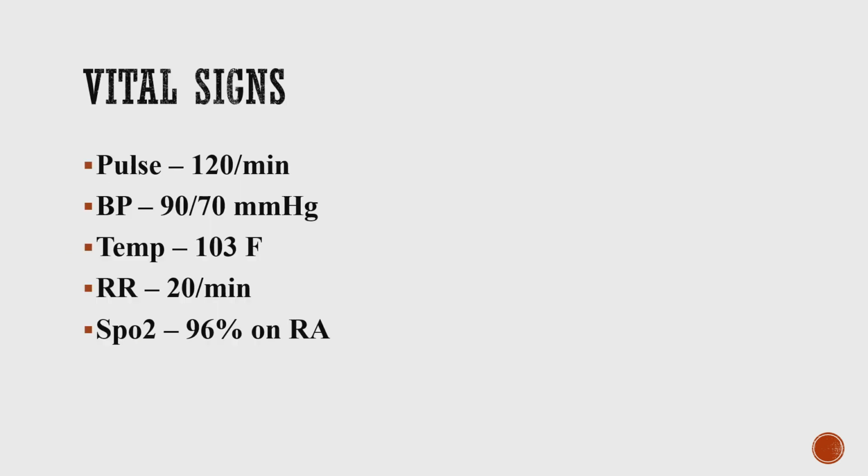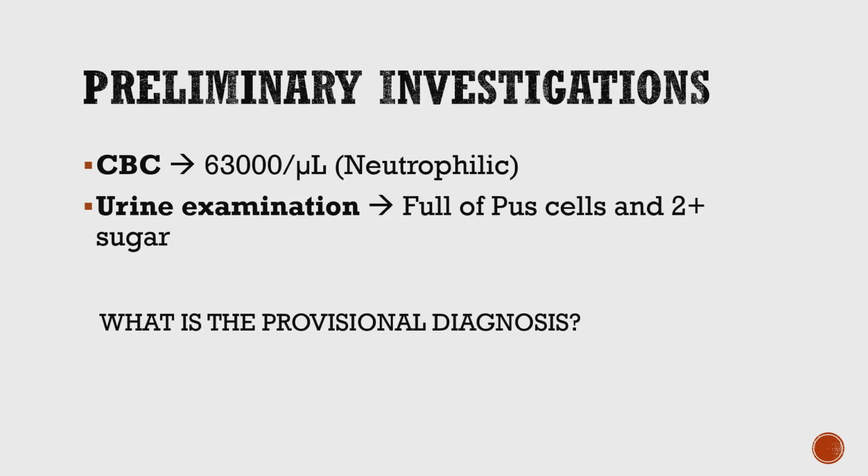On examination, the patient has tachycardia and slightly low blood pressure with high-grade temperature, but is still maintaining saturation. The preliminary investigations done in the emergency showed neutrophilic leukocytosis, and the urine is full of pus cells. I think the diagnosis is quite obvious, and this is a case of complicated urinary tract infection.